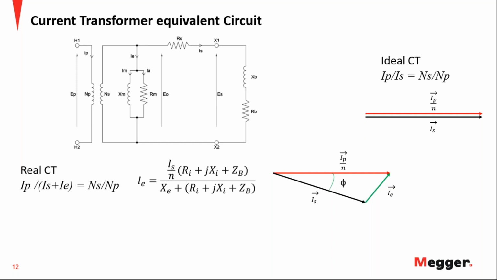So if you think about the ratio correction factor having a minimum or a maximum, and you think about the power factor limits defined by the class, that means that you are going to have a magnitude that is going to be less or higher than what the proportional primary current is.